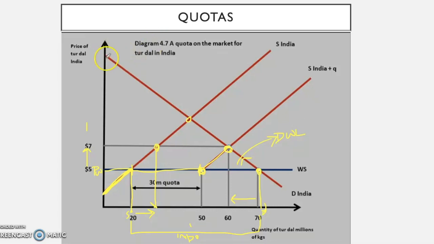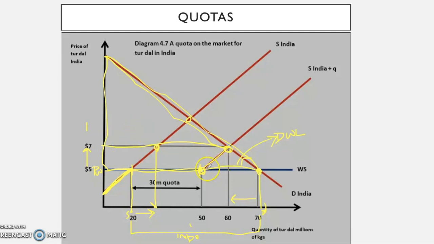If we were to look at all of this here, this big triangle would now be considered the what? The consumer surplus. But after the quota has been implemented, we now observe that there is a reduction in the consumer surplus. Okay, so this is a little messy, but I hope you are following what I'm doing.